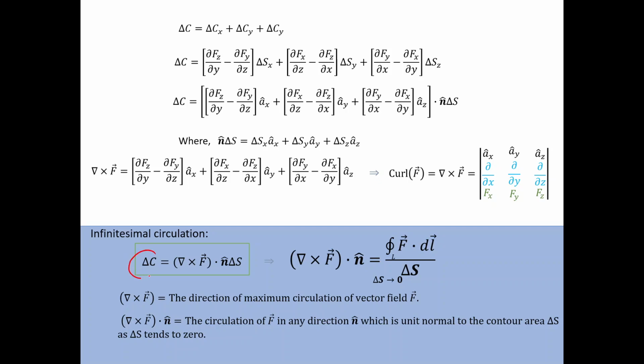Hence, this infinitesimal circulation can also be represented in terms of the dot product of the curl over the area, which is the area of the closed path. This is the area of the closed loop or path.